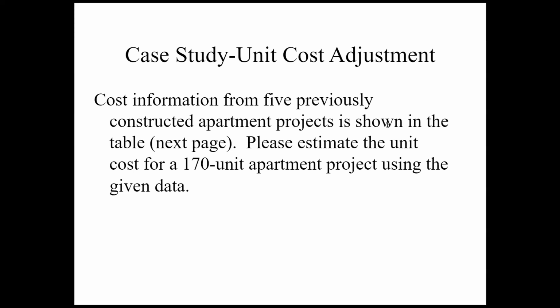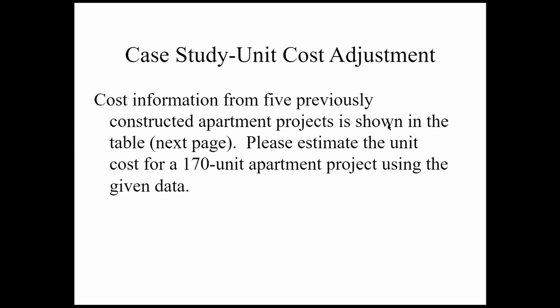For the given cost information from five previous construction projects, this is the apartment. Using the estimates, find the unit cost for a new apartment project of 117 units using the given data.